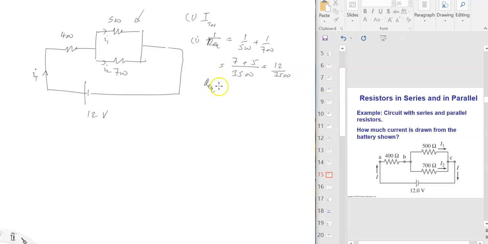So Req is 3500 divided by 12, 2.9 something, 291.6. Keep 2 decimal places at least. This is the equivalent resistance of this piece.